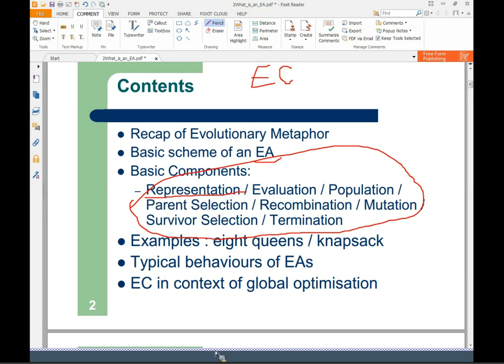What is the representation? Do you know the representation? First of all, we want to solve a problem. The representation is how we want to represent a solution.